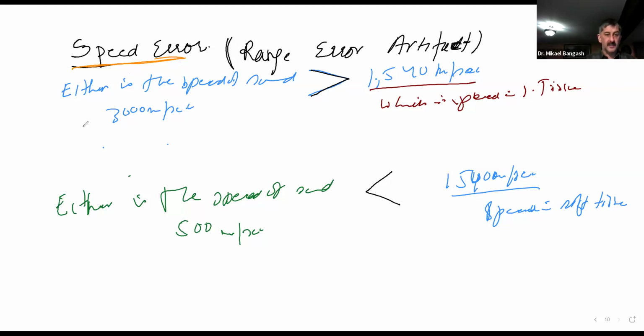Now, whether it is a speed greater than the speed of soft tissue, or lesser than the speed of soft tissue, in both cases, what would that lead to? What we call a speed error or a range error artifact.